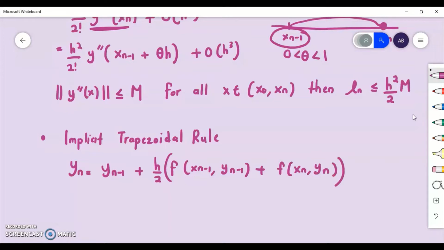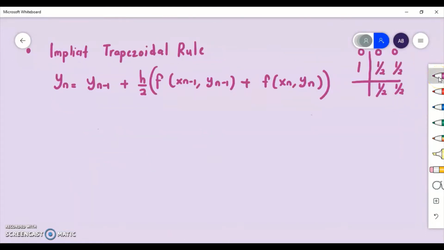Now for this implicit trapezoidal rule, I am looking at the Butcher tableau in this form: 0, 0, 0, 1, half, half, half, half.